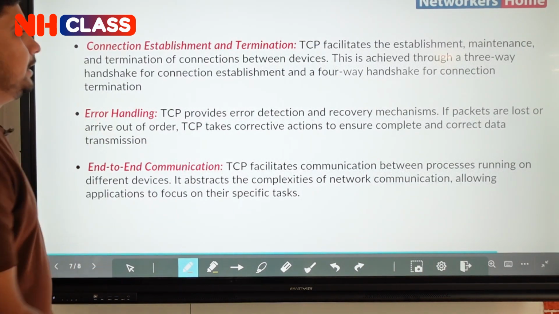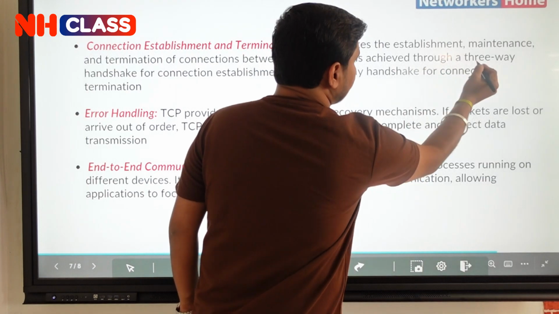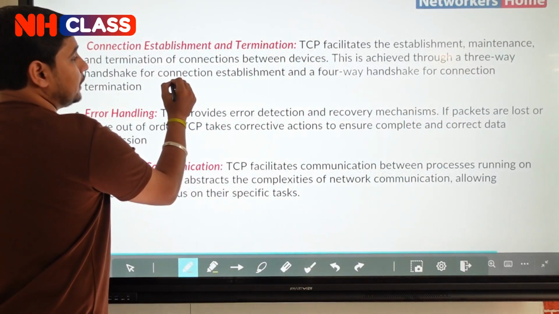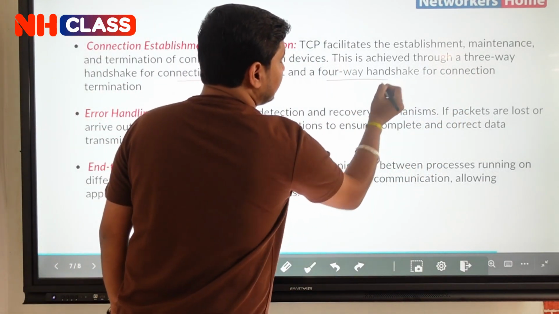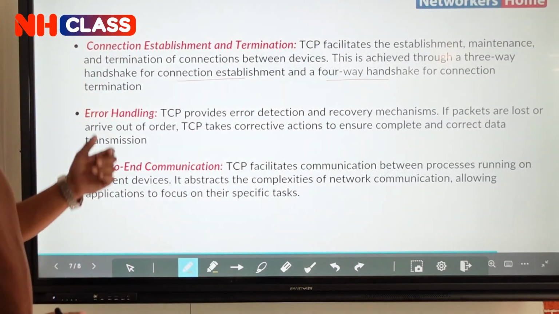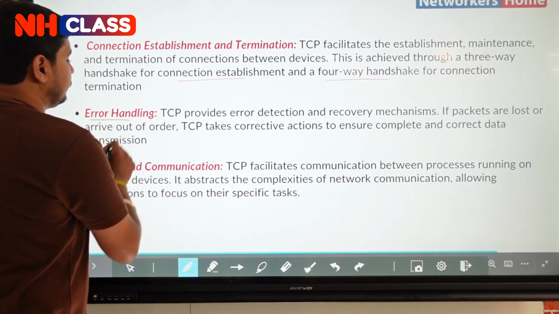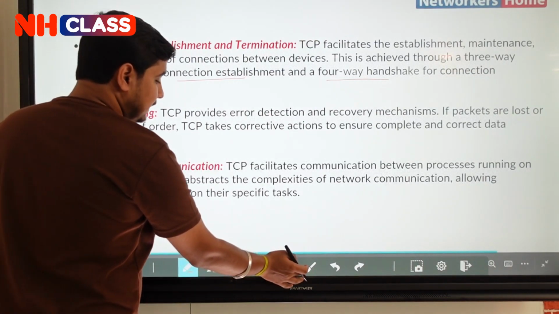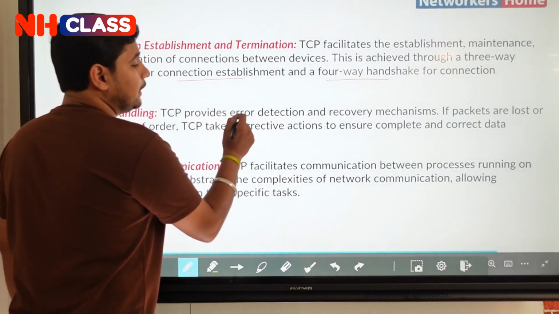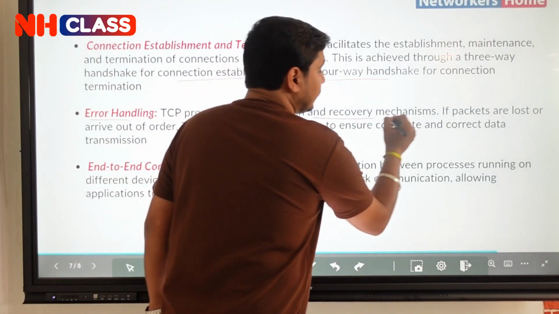I have even mentioned here that this is achieved through a three-way handshake for connection establishment and a four-way handshake for connection termination. The next is error handling. What exactly is error handling? TCP provides error detection and recovery mechanisms by default.